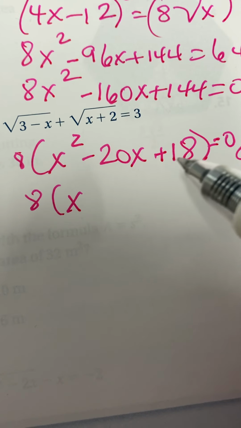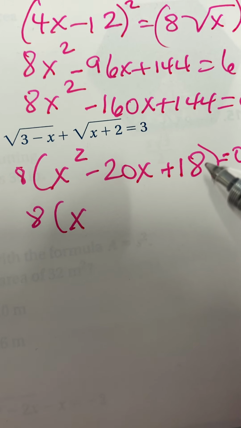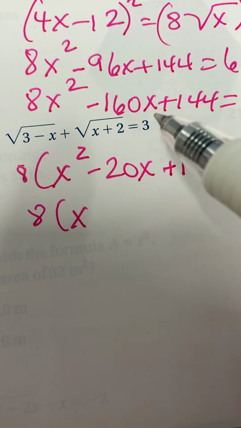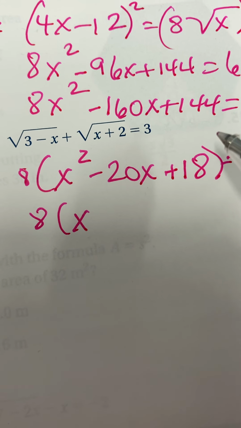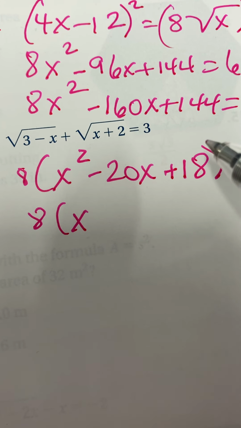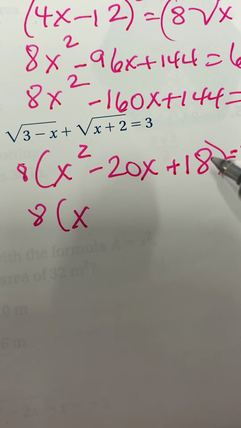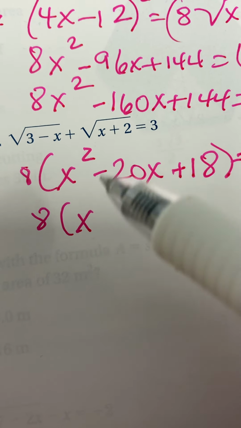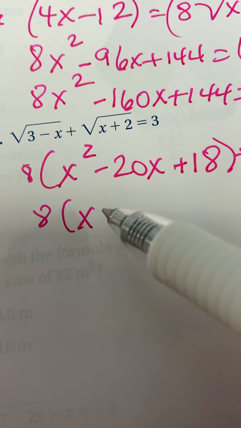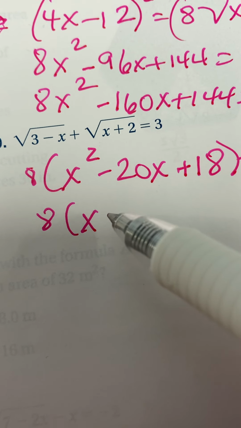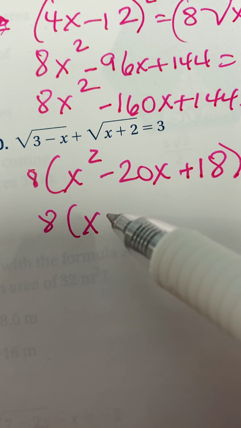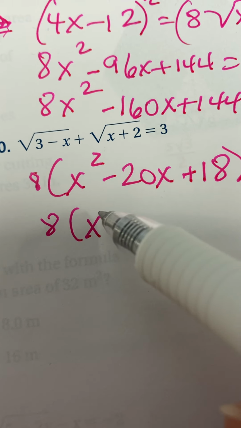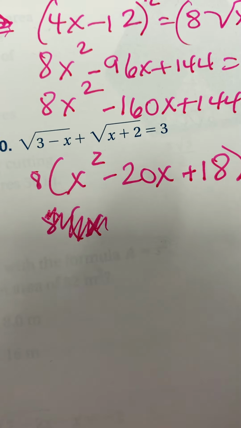Probably should have done this one ahead of time. Can't think of anything that factors into. We have 9 and 2, 18 and 1, 6 and 3. We may have to go to our quadratic formula for that to solve for our x.